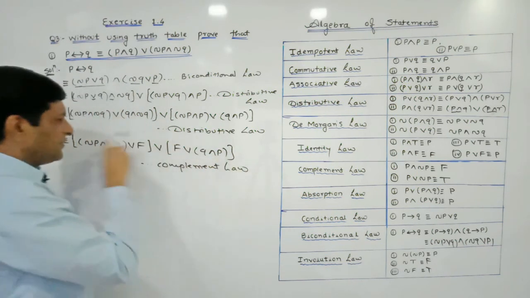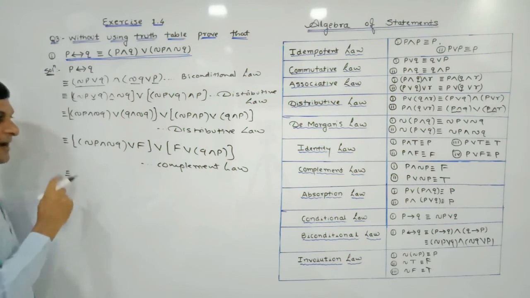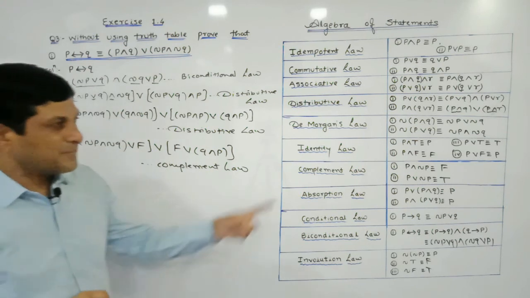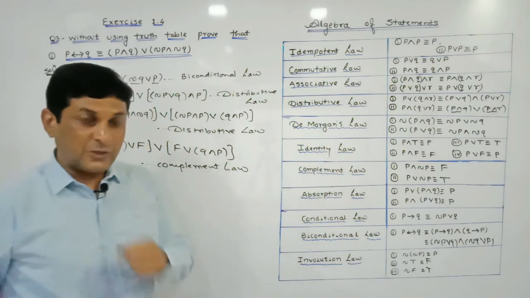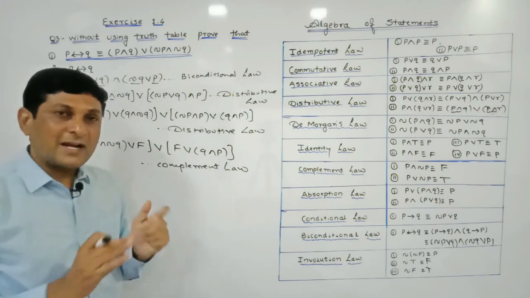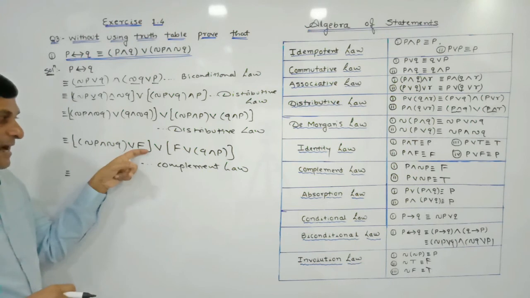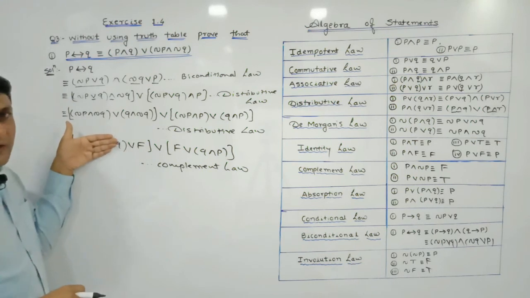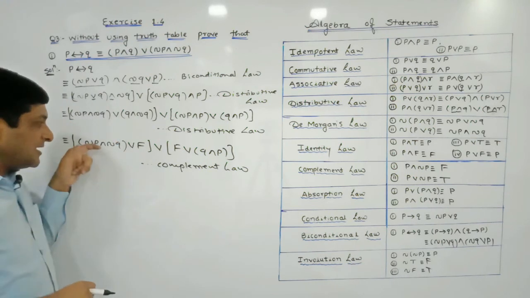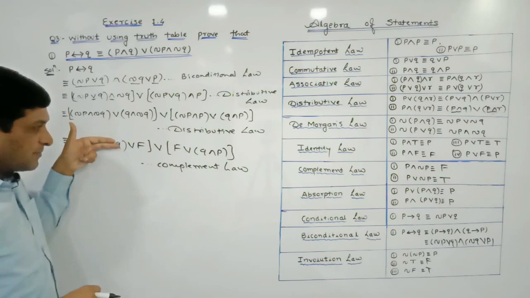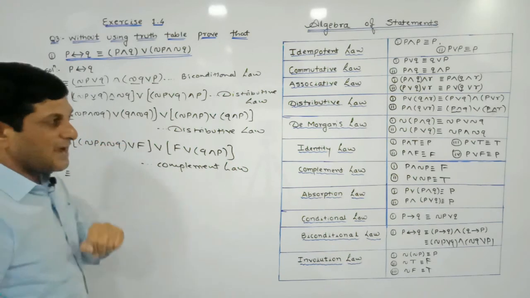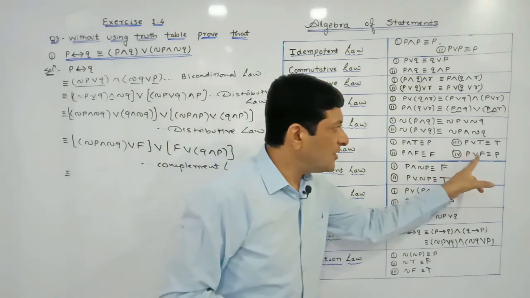Complement law. Whenever in a statement T or F appears, at that time we make use of the identity law. Now try to understand how we are applying the identity law to simplify it. F has come here, so consider the whole remaining term as P. So P or F. What is the value of P or F?